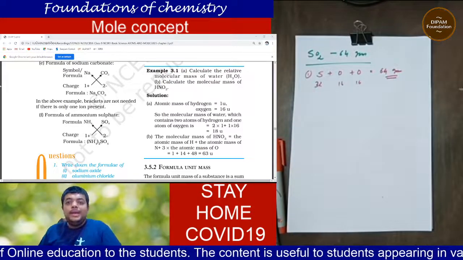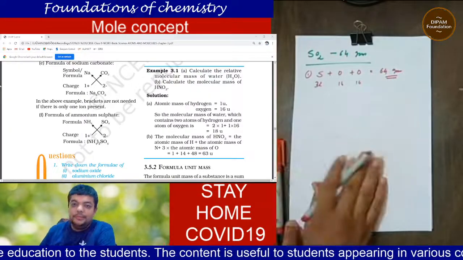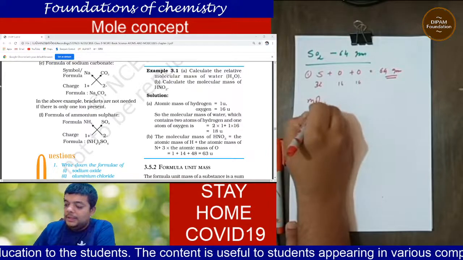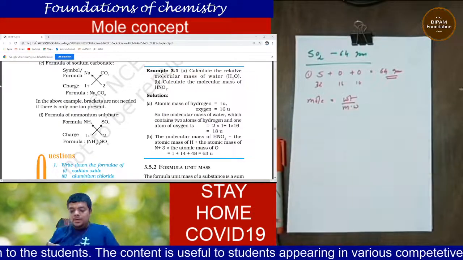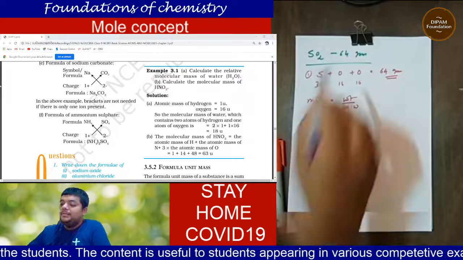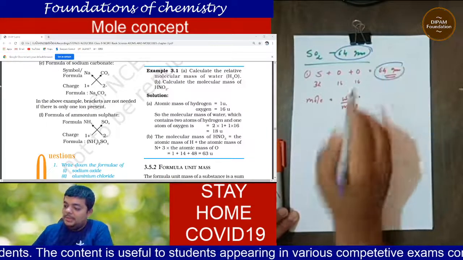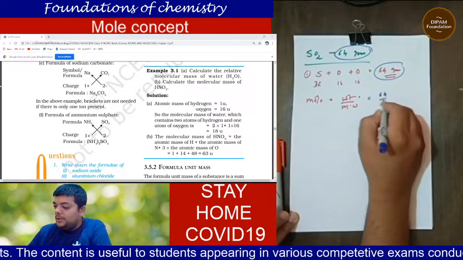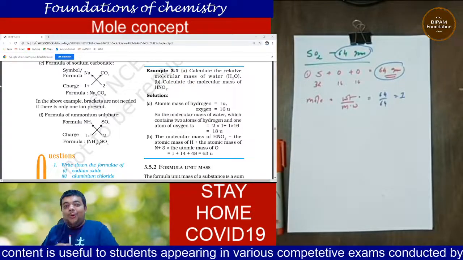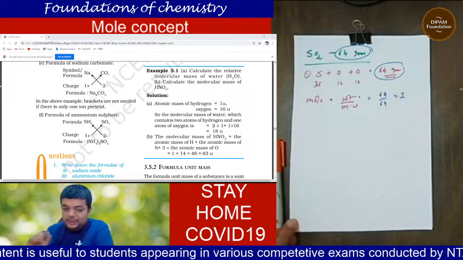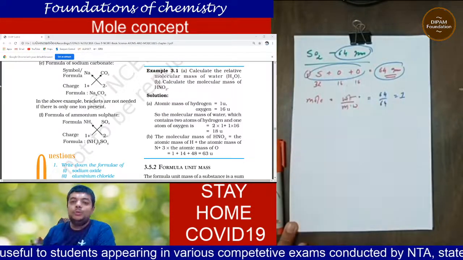You have a formula that mole is equal to weight upon molecular weight. Always remember that the weight given in the question paper is WT, whereas the weight you calculated is the molecular weight. So it is 64 divided by 64, you will end up with 1. So now I know that I am having 1 mole of SO2. Seeing from here, I can understand that in 1 mole of SO2 there are 2 moles of O.